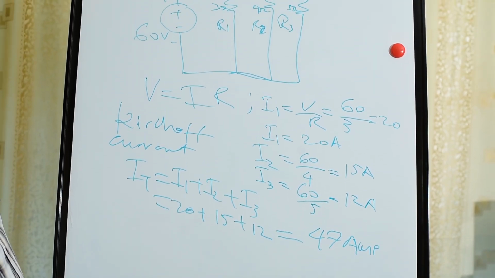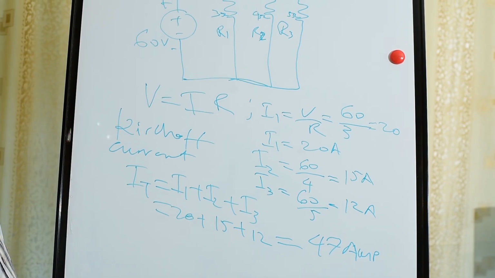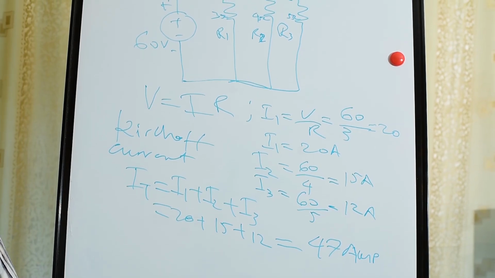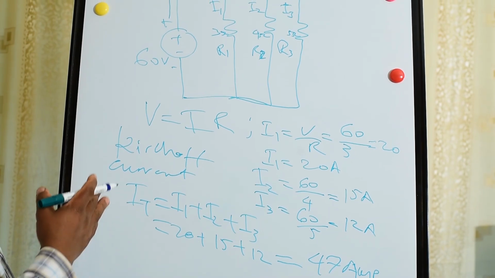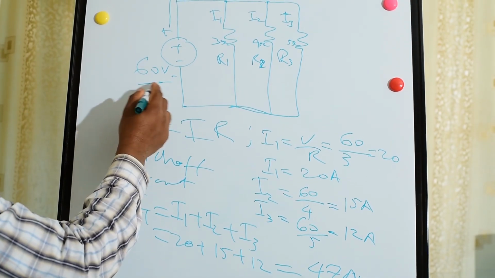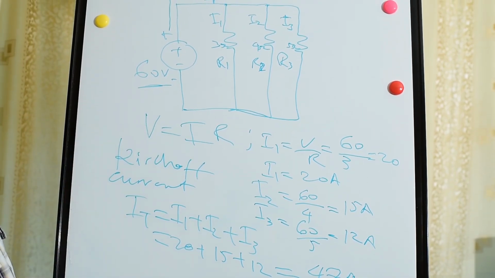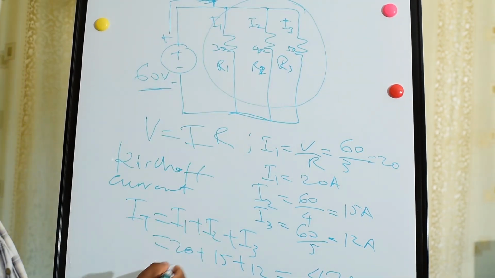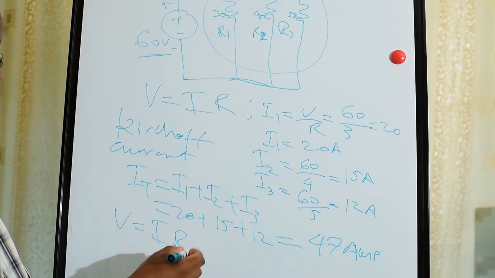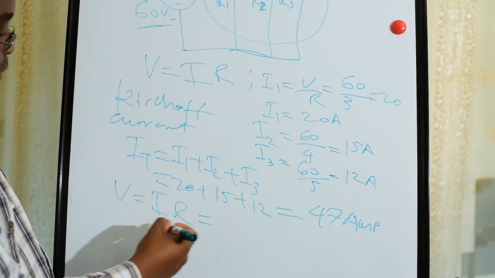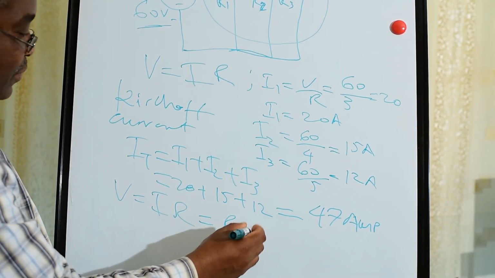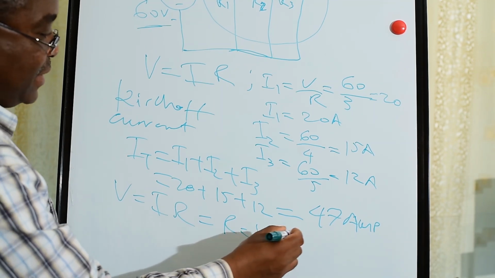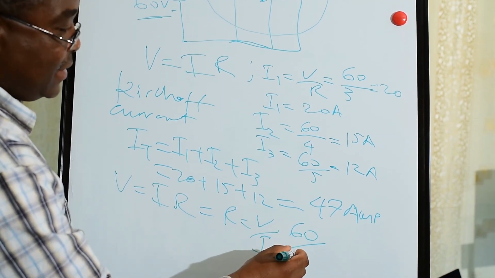By using the relation between current and the voltage, we can have a total resistance here using Ohm's law, which is V = IR, and R is equal to V over I. The V is 60 over I is 47.